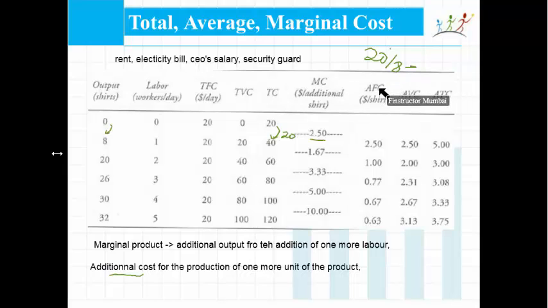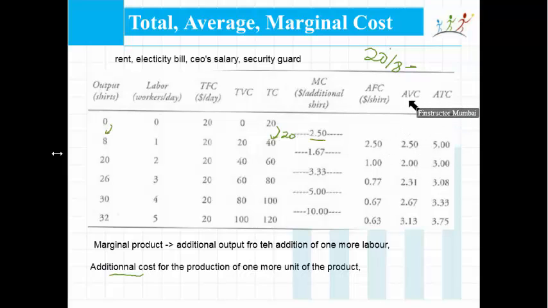The average fixed cost is defined as the total fixed cost divided by the output. The average variable cost is the total variable cost divided by the output. The average total cost is the total cost divided by the output. So let's compute. The average fixed cost comes out to be 20 by 8 equal to 2.5.